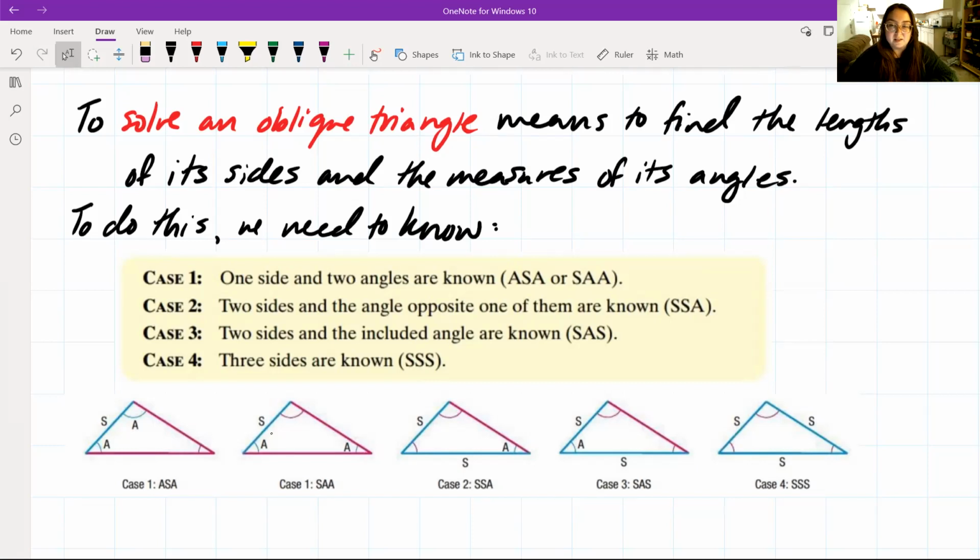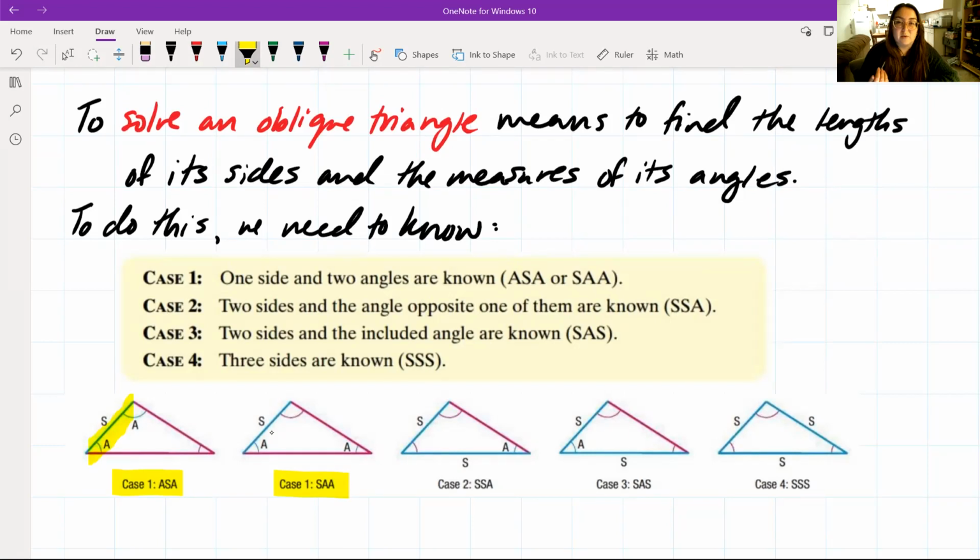But to do this, in the case of oblique triangles, we need to know these four different cases. Case one, we have one side and two angles known. So this is angle, side, angle, or side, angle, angle. Looking at our triangles below, we're given one side with two angles.